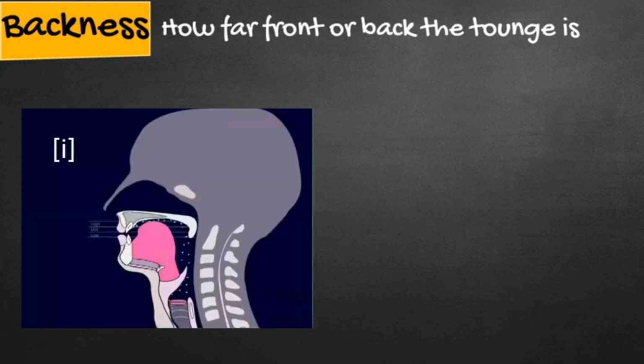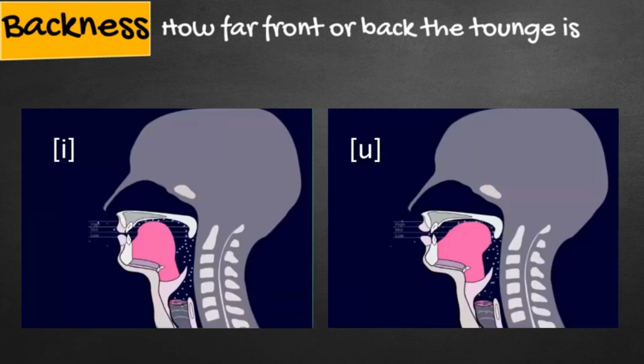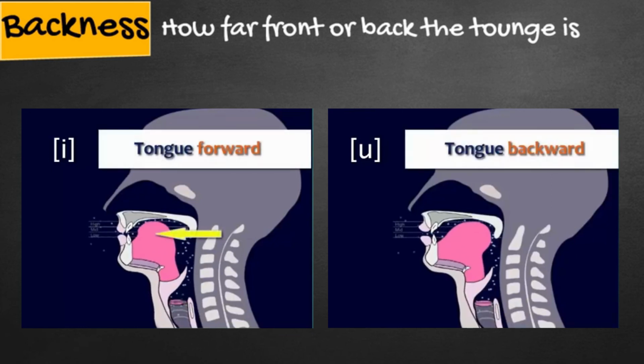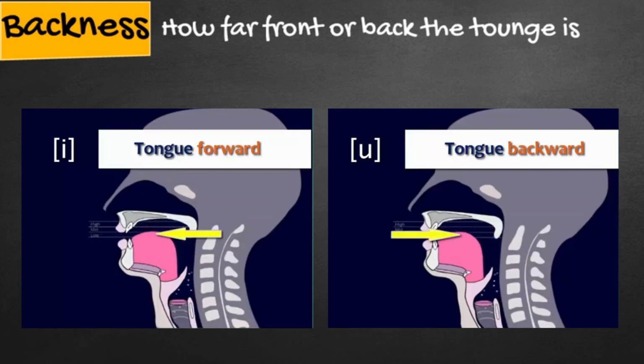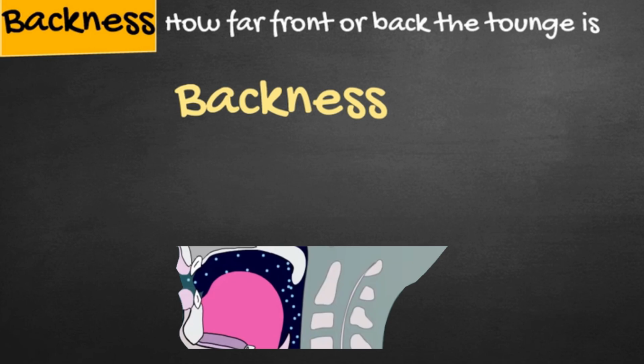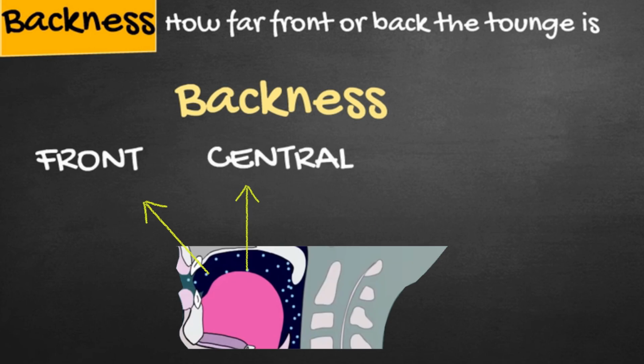As with vowel height, this can be tricky as it takes some practice, but consider the vowels I and U. If you say these vowels in succession, you may notice that your tongue is moving forward and backward as you say I, U, I, U, I, U. In terms of backness, vowels are considered front, central, or back. Remember that I is a high vowel, but is also a front vowel, while U is a back vowel.